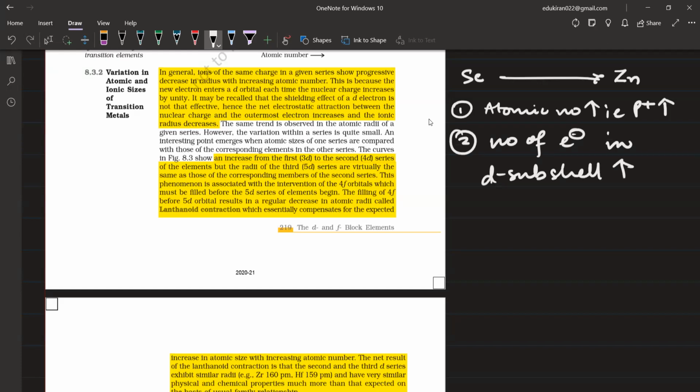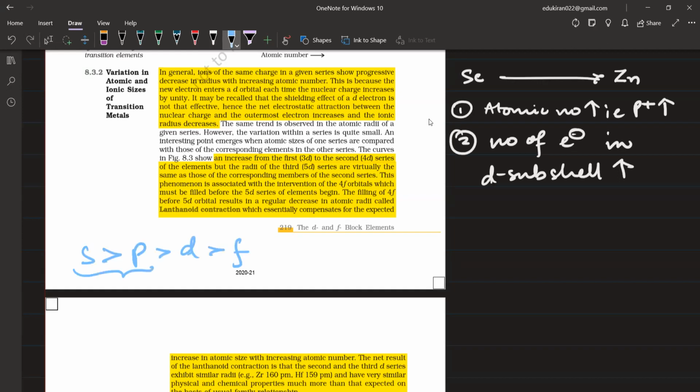Now if the d subshell had good shielding effect, that means if you are adding one electron, that electron is hindering and is not letting other electrons get the positive charge from the protons. Okay, so that means it is having good shielding. But the best shielding is by s subshell, then p subshell, then d subshell, and then f subshell.